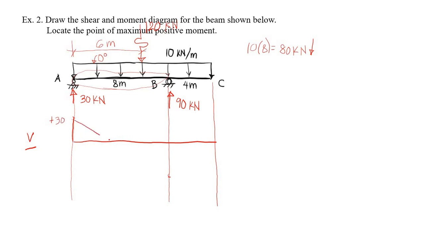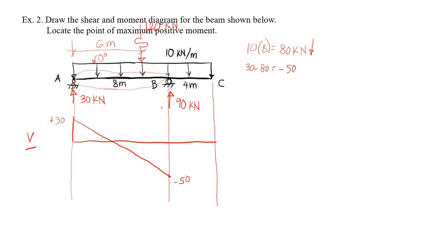We will draw this line here, and this must be negative 50. Okay? So 30 minus 80 is equal to negative 50.